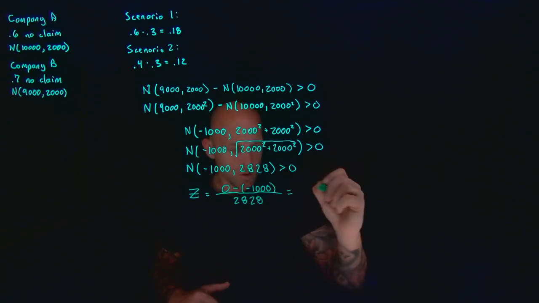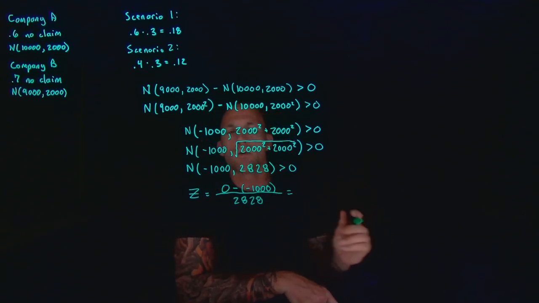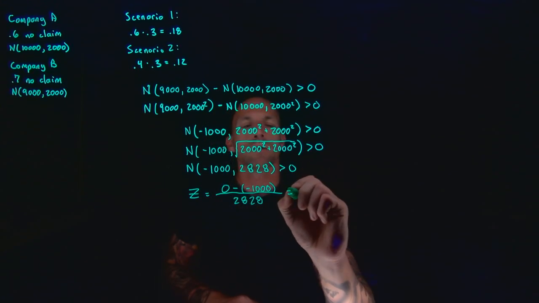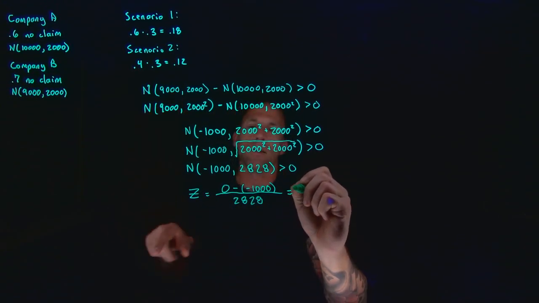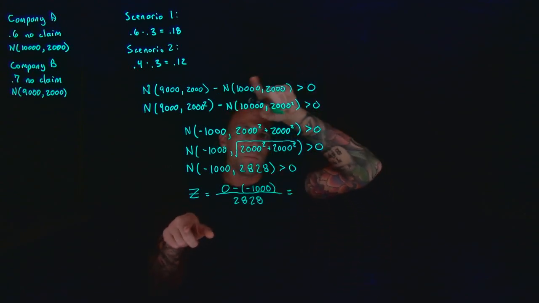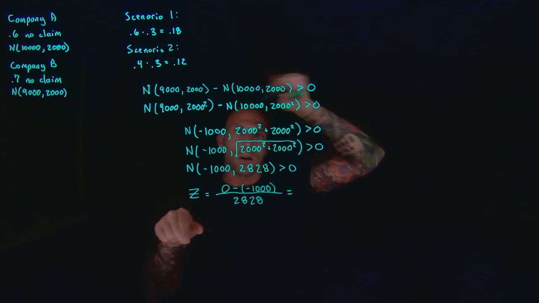And that is just about 0.35. When you use our normal table, we really only care about the first 2 decimal places, right? We look up the tens place on the left column and the hundredths place on the top row.